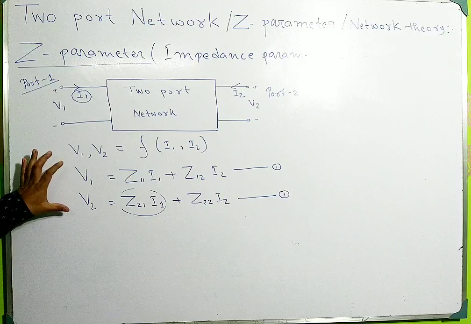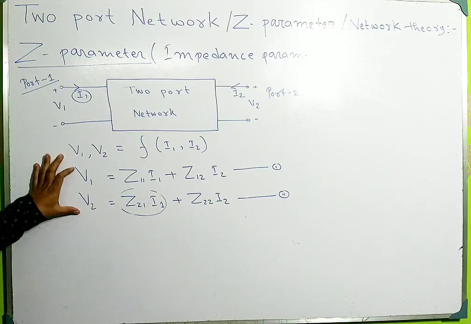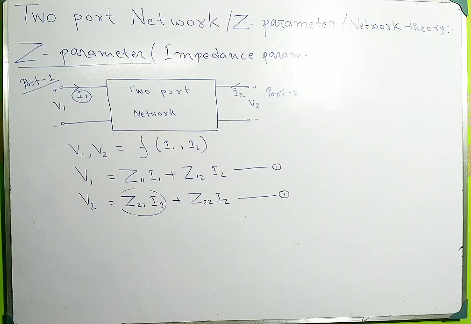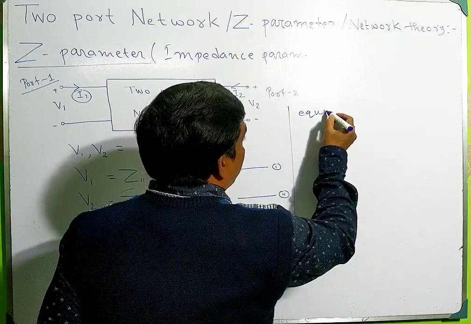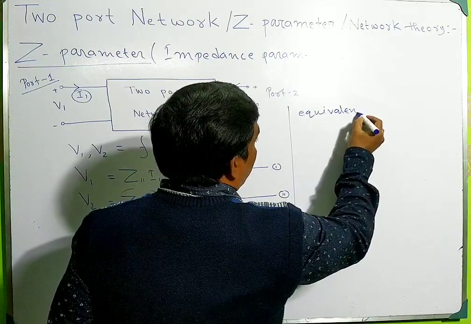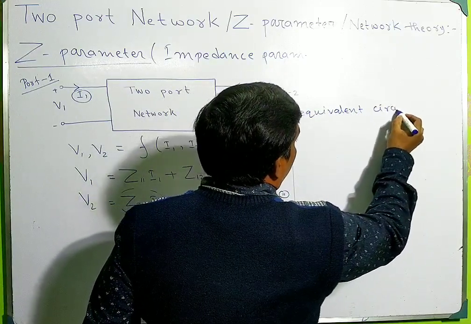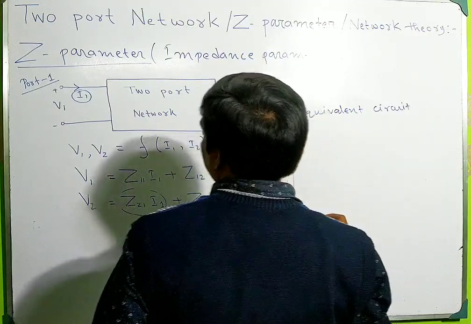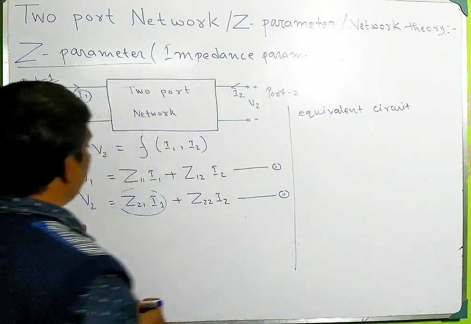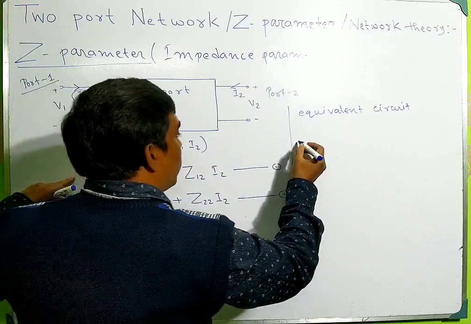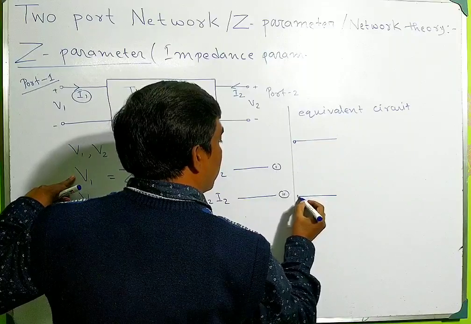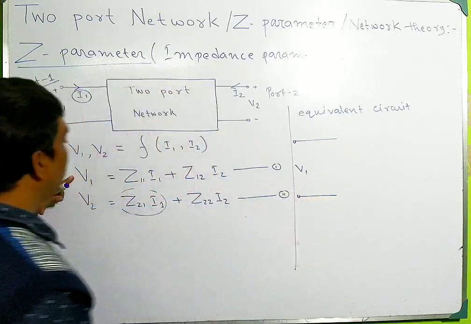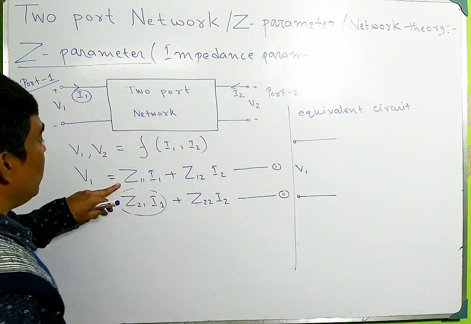Now using these two equations we can develop an equivalent circuit. So what is the equivalent circuit? This is V1, the input port.